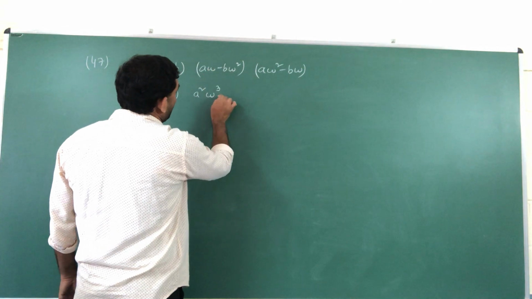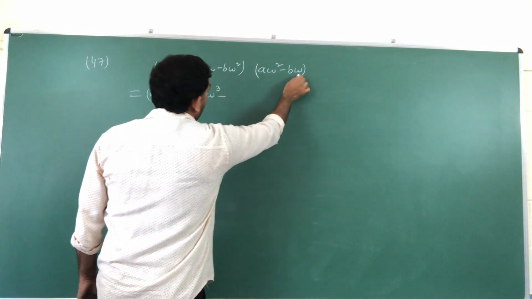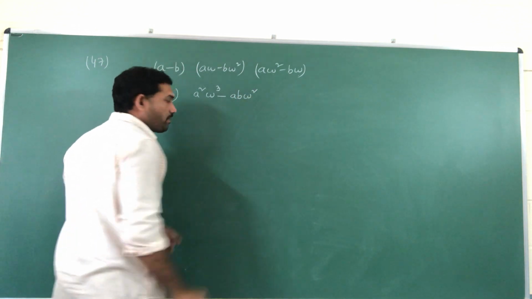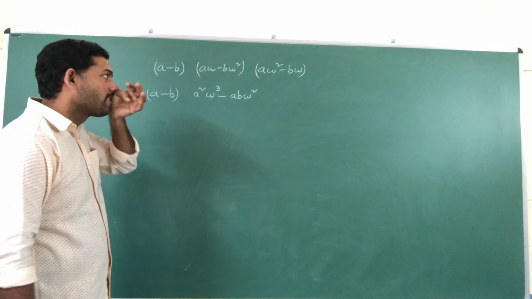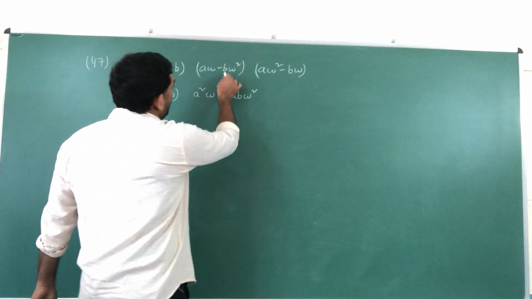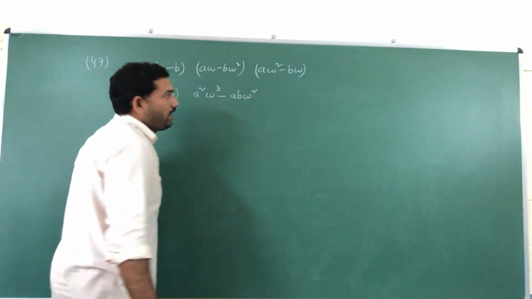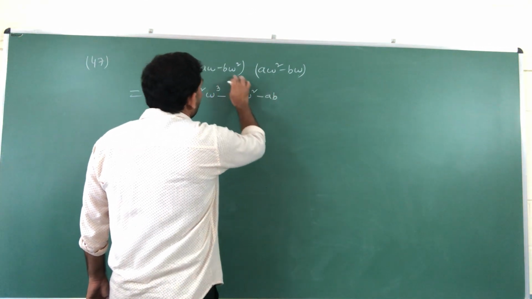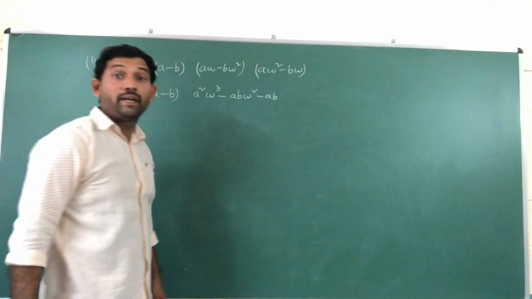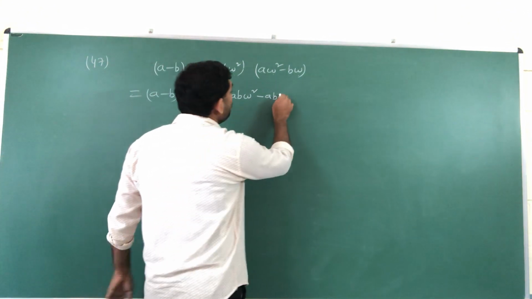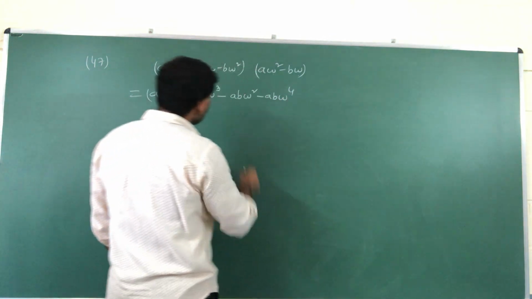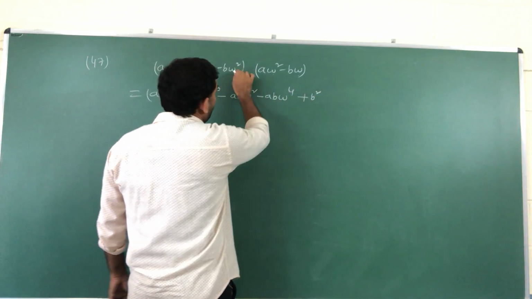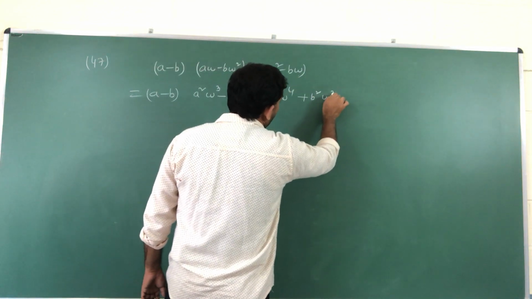Next, a ω minus aω·bω, and so on. Next, bω² is multiplied with aω². Then what happens? Minus ab ω², ω⁴. Next, minus into minus plus, b² into ω³.